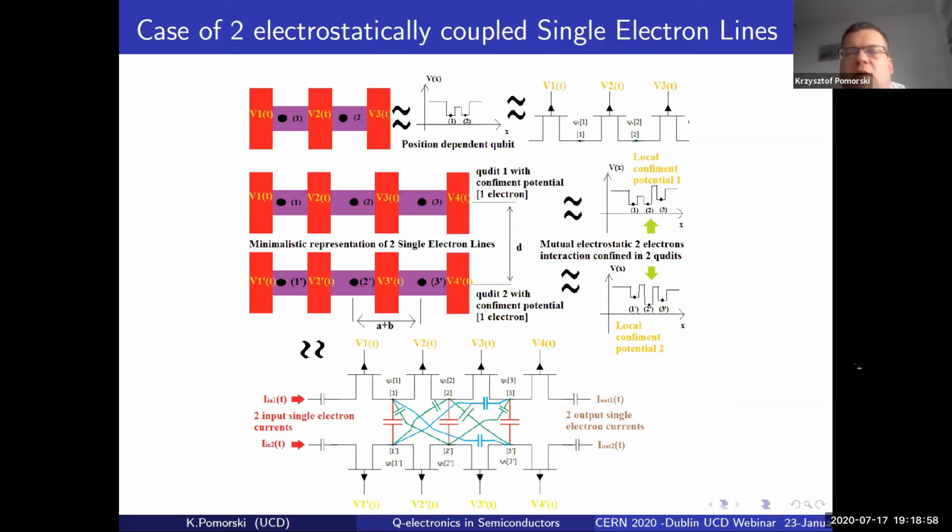So that's why I believe that such a proposed implementation of a CMOS qubit, single electron qubit, is very promising both for applications and for fundamental experiments. All right, so let me move on.